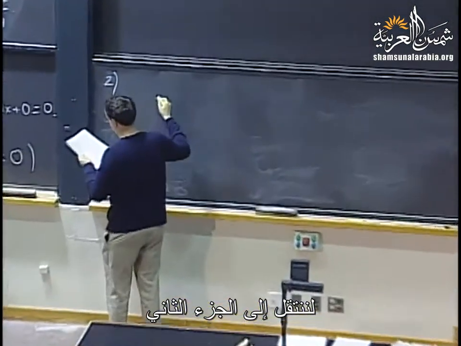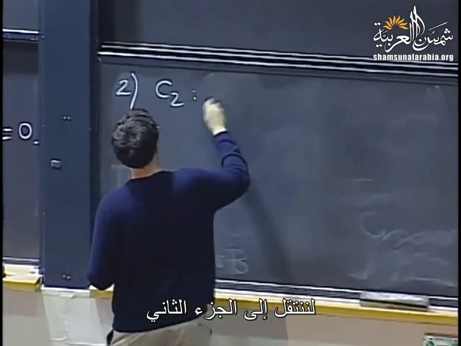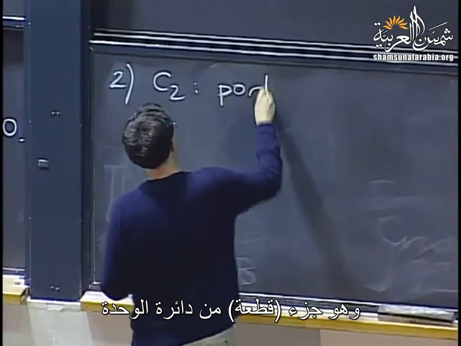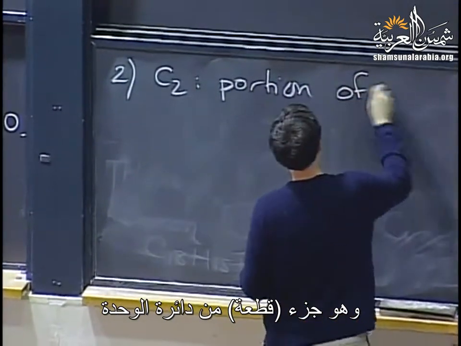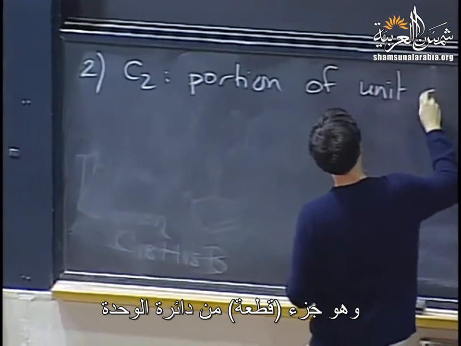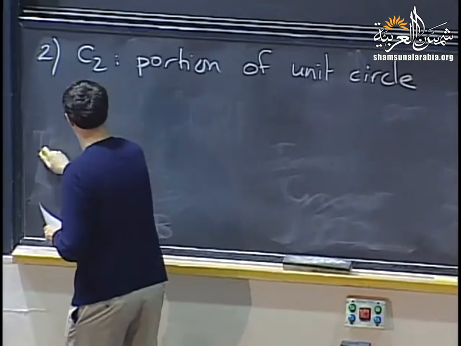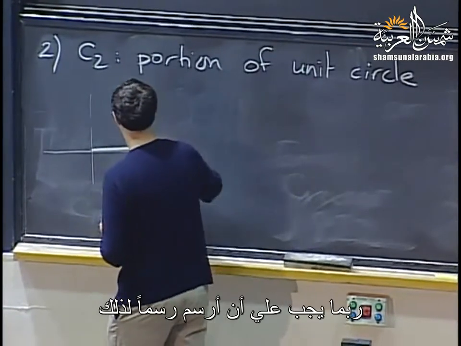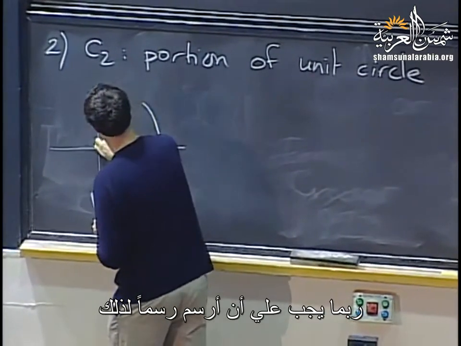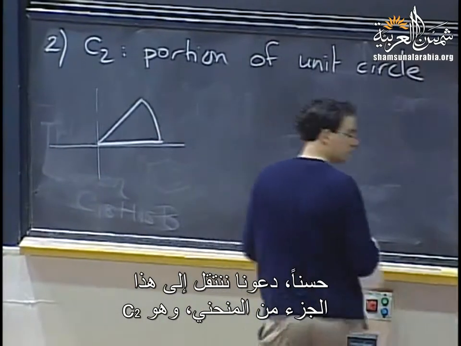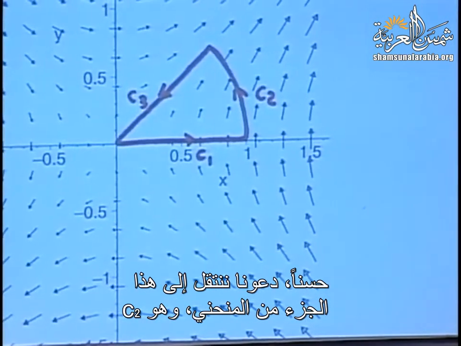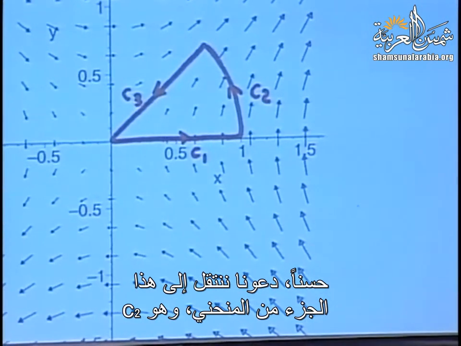Let's do the second part, which is a portion of a unit circle. Okay, so maybe I should have drawn my picture. And so now we are moving on this part of the curve, that's C2.